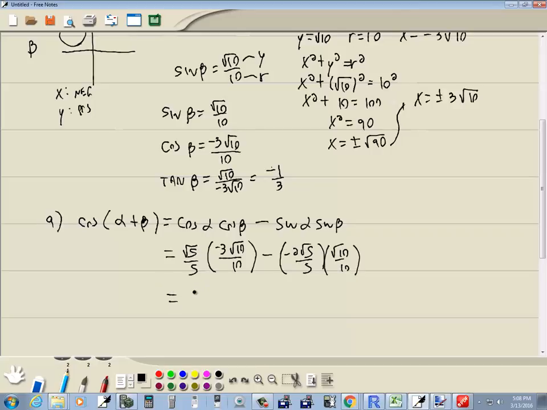Let's see, that gives us negative 3 square root of 5 times 10 over 50, minus, plus, should say, negative, negative. And that gives us 2 square root of 5 times 10 over 50.